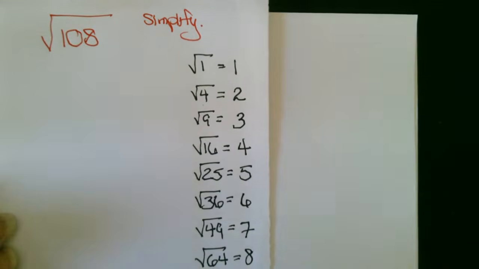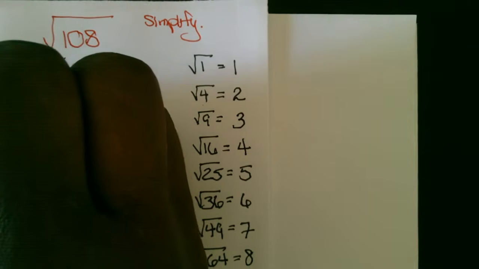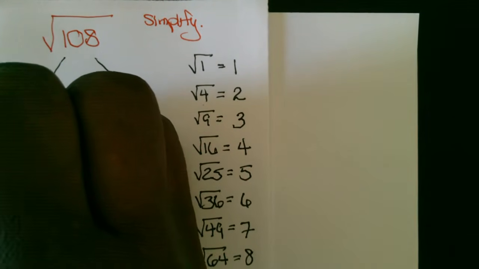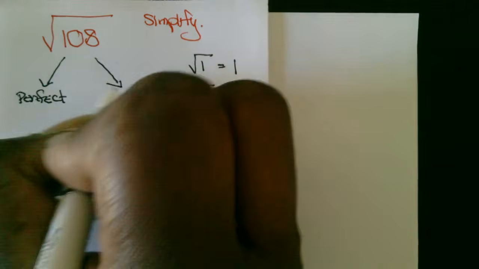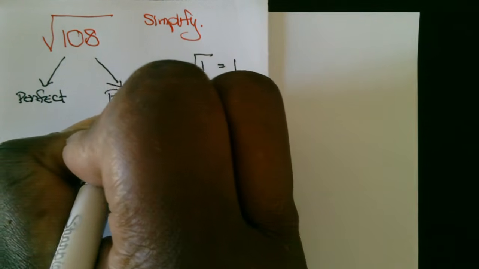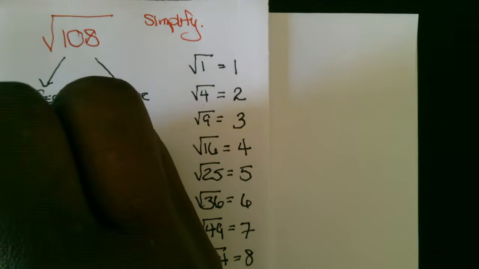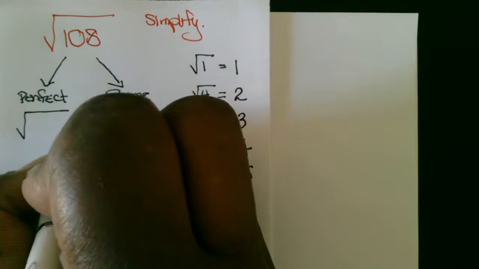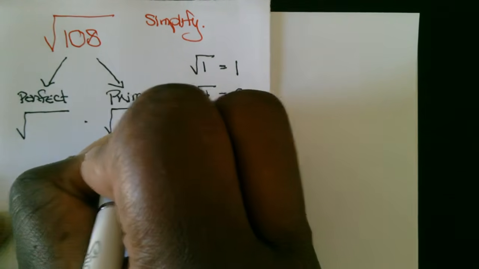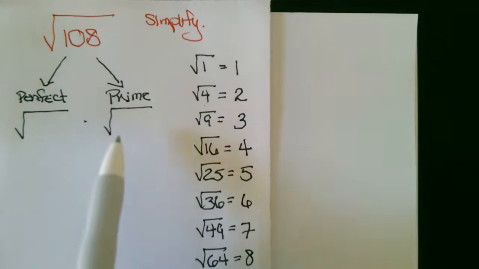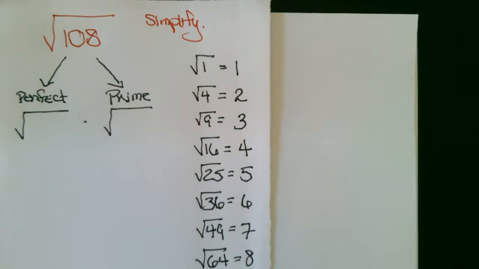So in order for you to break down the square root of 108, you need what's called a perfect prime combination. Okay, we're looking for a perfect prime combination. We're looking for 2 numbers. Okay, 2 numbers when multiplied will give me my 108.